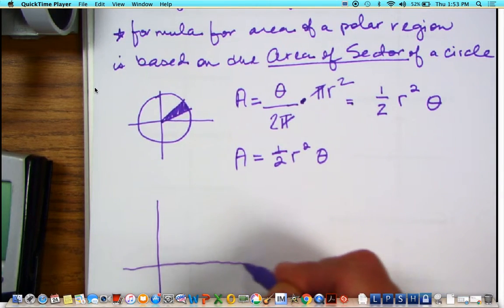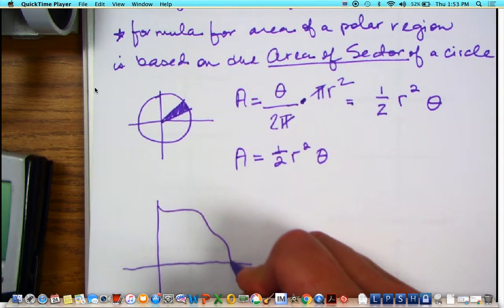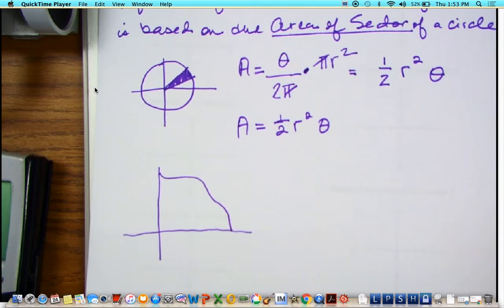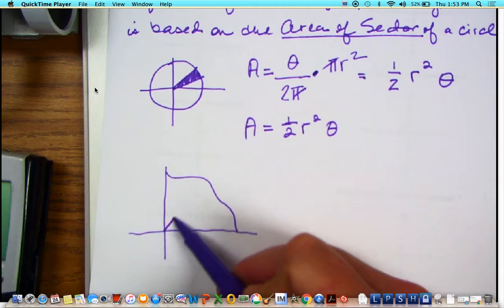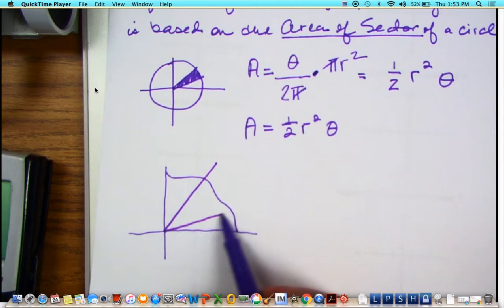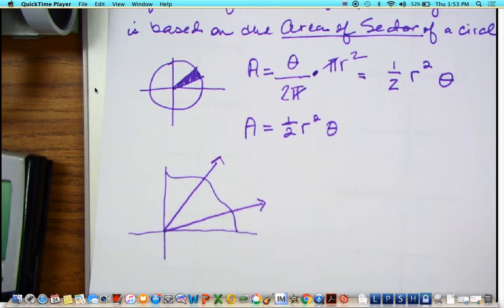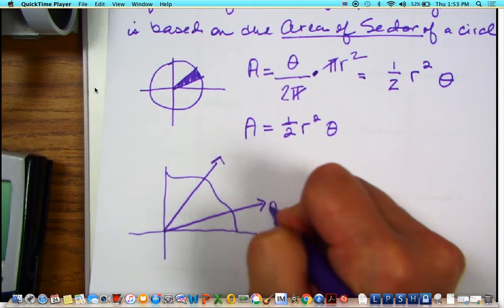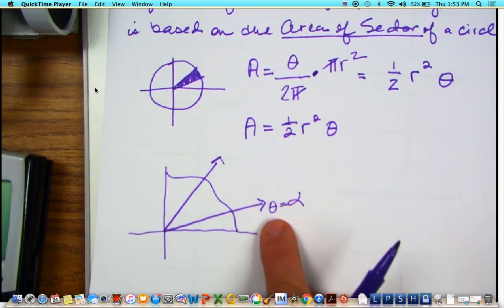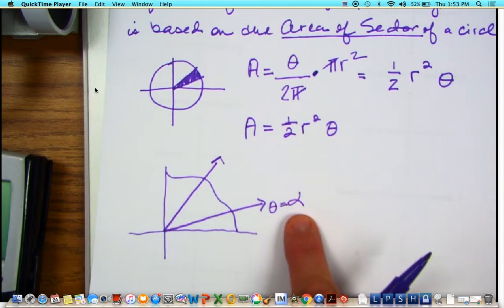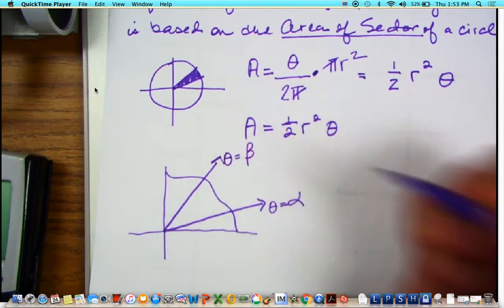So let's think about the graph of some polar region. Sketch your favorite polar curve. Okay, so we're going to say that this angle theta is equal to alpha, and this angle theta is equal to beta.